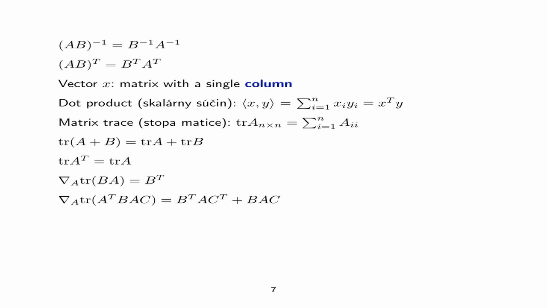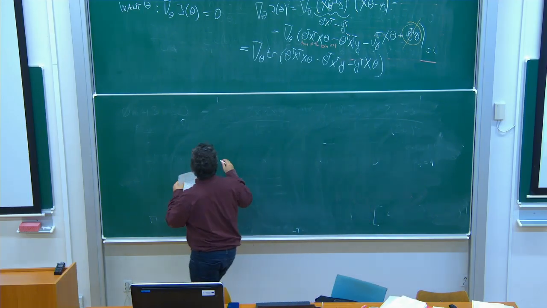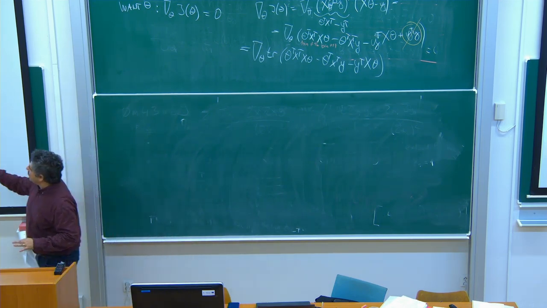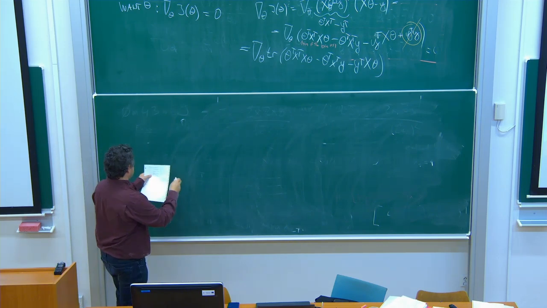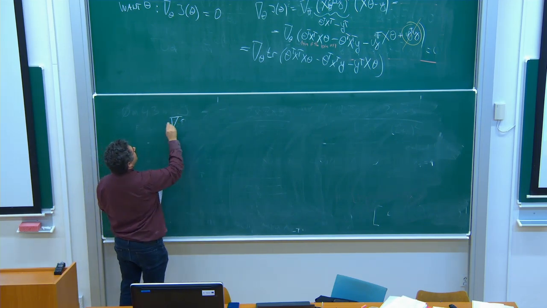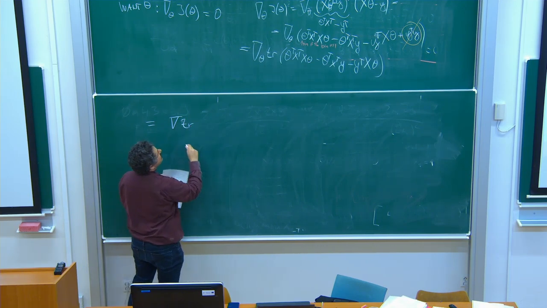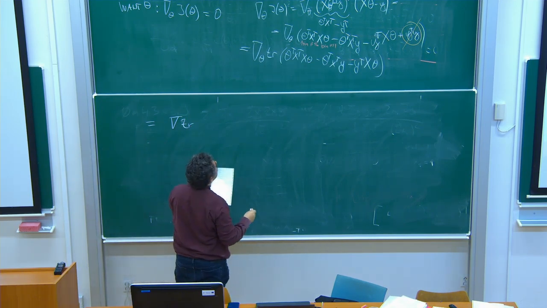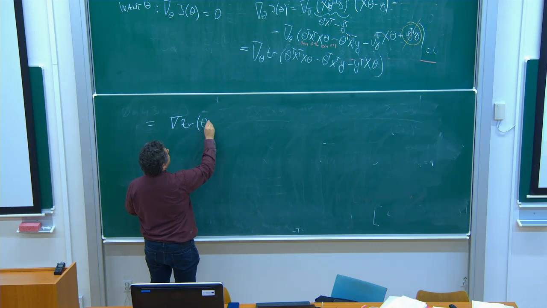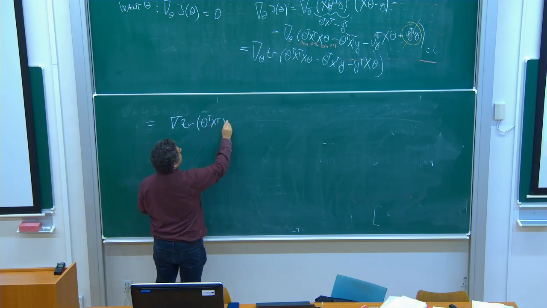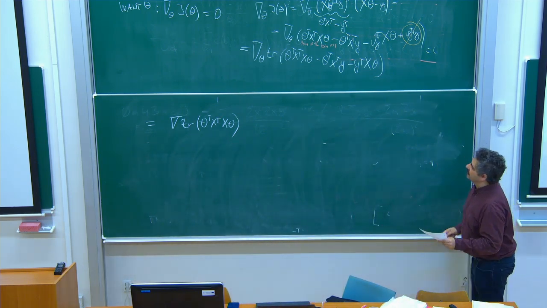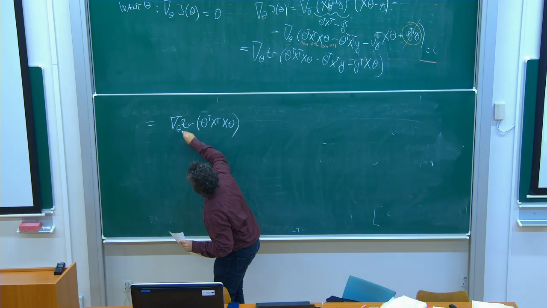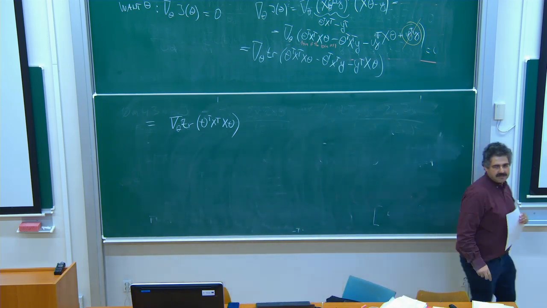Okay, so what we have here. Okay, let's go. So first of all, if you have sums, then you can expand, put things together. So this is equal to trace of theta transpose X transpose X theta, okay? So this is one, and this is theta.